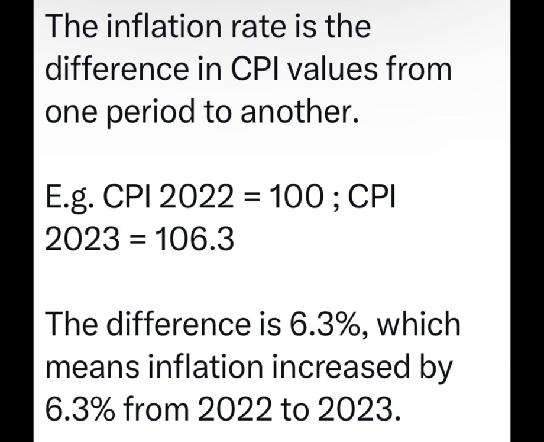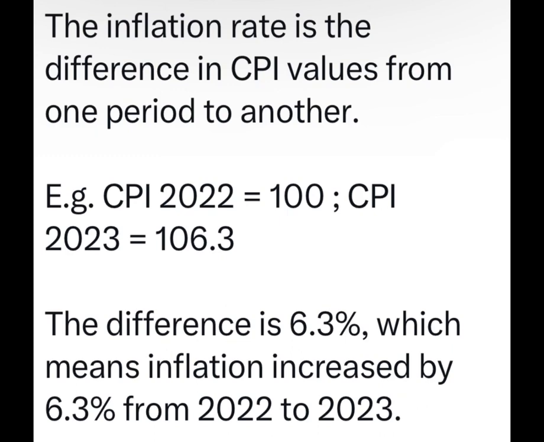So here we go. The inflation rate is the difference in CPI values from one period to another. So for instance, the CPI of last year in 2022 was 100. Then the CPI of 2023 was 106.3. The difference is 6.3%. So that's how they got to the inflation of this said period. I'm very glad that this thing is so self-explanatory.